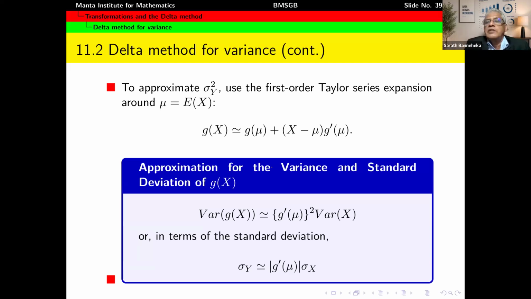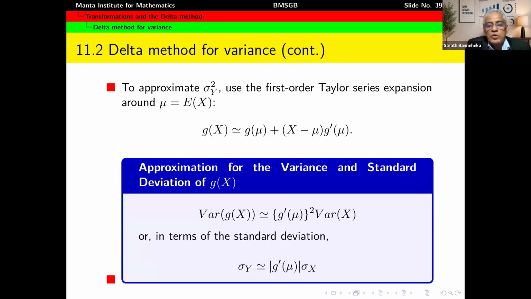So you start with x, you know the density function of x, for example, or you know the variance of x, and you know g, so you can get g dash, the first derivative, and you know mu, therefore you can get an expression for this. The variance of x we know the expression for, therefore we can easily get the expression for the variance of g(x).